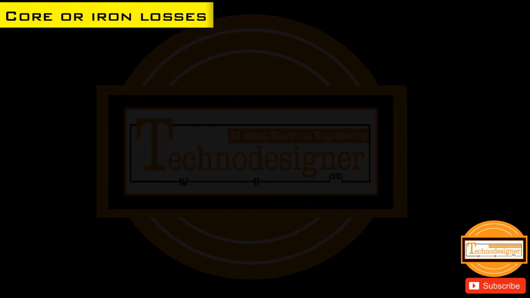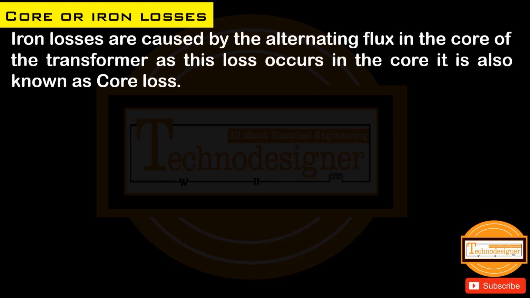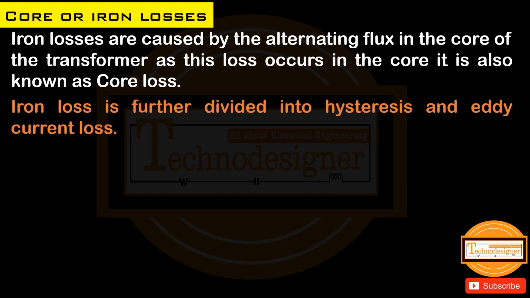Core or iron losses. Iron losses are caused by the alternating flux in the core of the transformer. As this loss occurs in the core, it is also known as core loss. Iron loss is further divided into hysteresis and eddy current loss.